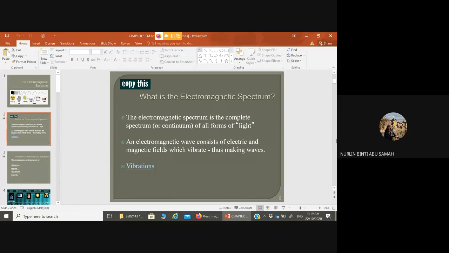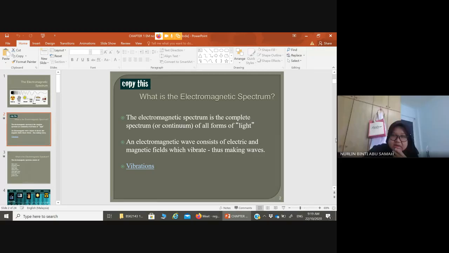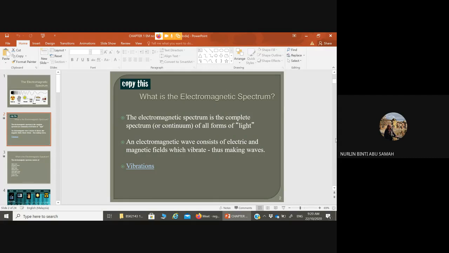All of this is kind of lights, and basically these kinds of electromagnetic is a continuum. It's not discrete, but it's in a continuum version.